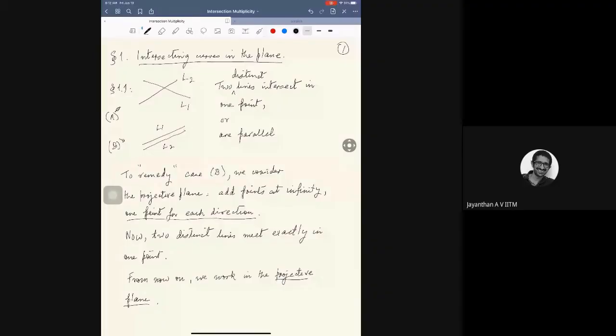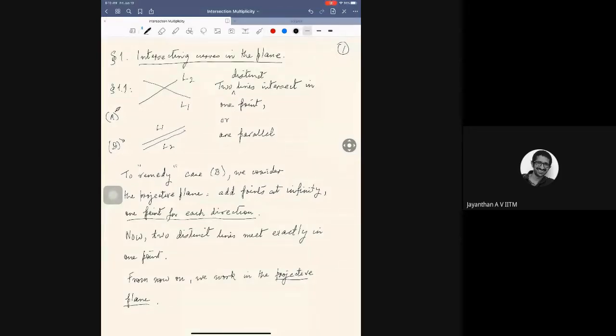So I want to talk first about intersecting curves in a plane. To start with, one would intersect lines and assume that the two lines are not identical. Then they either meet in a point or are parallel to each other.